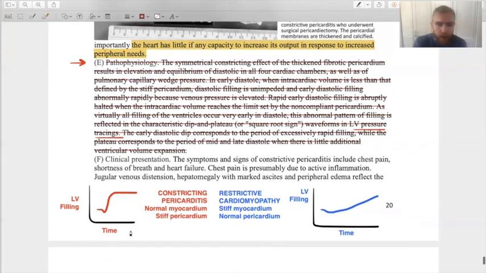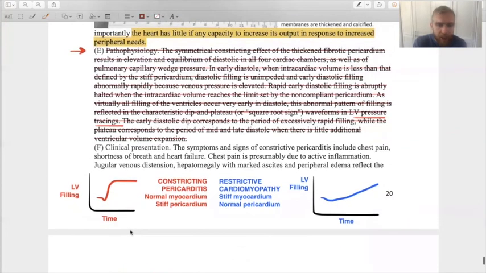And what you see is that with a constricting pericarditis, let's say that this is the start of diastole. I'm going to go with a different color. Here's the start of diastole, and then here's the end of diastole. You see that most of the filling of the left ventricle is going to take place right at the start of diastole, because there's nothing wrong with the heart, nothing wrong with the muscle of the heart.